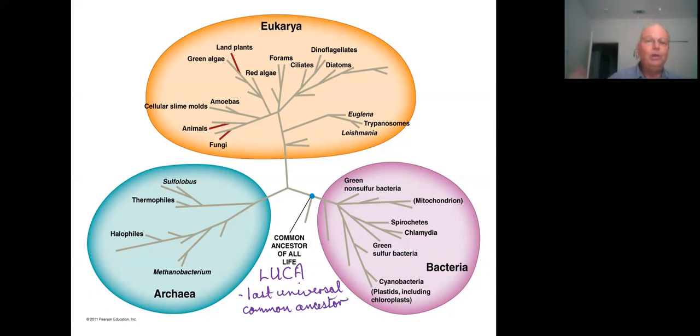So what Luca was, we don't know, other than it was almost certainly prokaryotic, because prokaryotes dominated the landscape, both archaea and bacteria, and probably we think maybe bacteria a little bit earlier than archaea, but again, the jury is out on all of that. But almost certainly Luca was prokaryotic. Other than that, we can't give much more detail other than Luca was prokaryotic. But it was the last universal common ancestor.